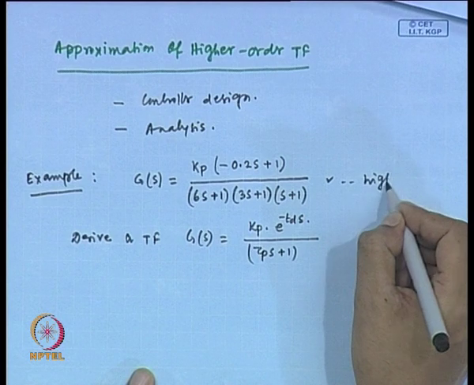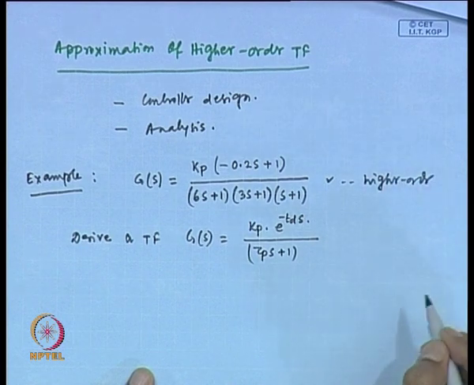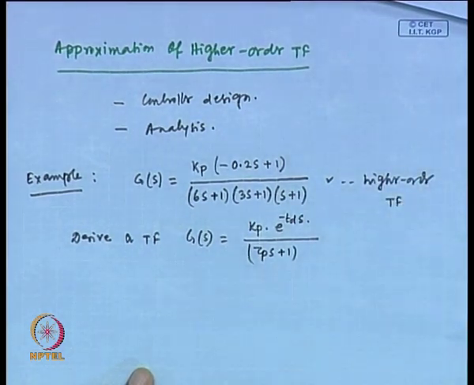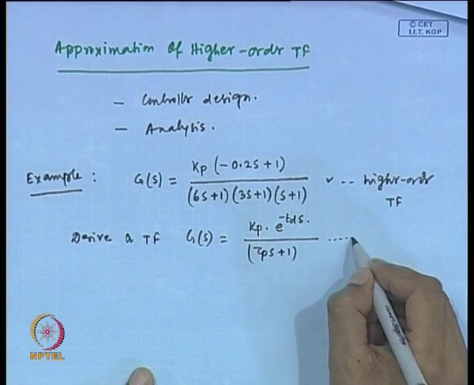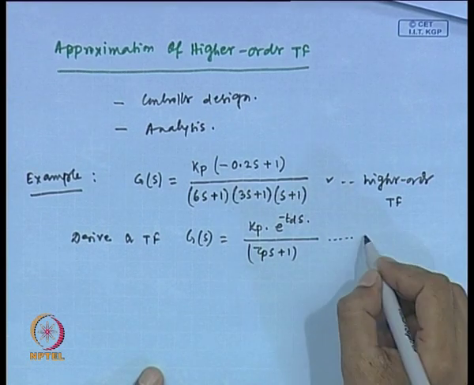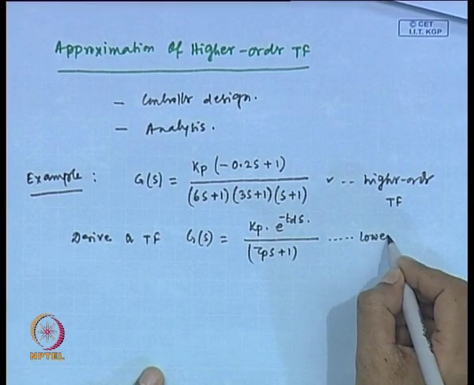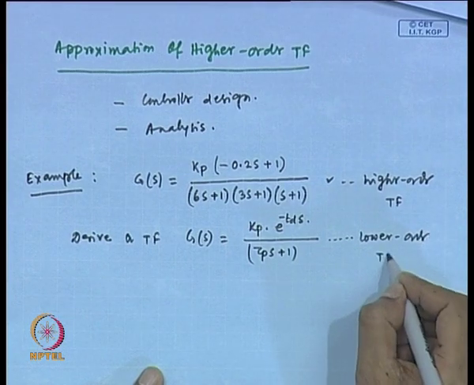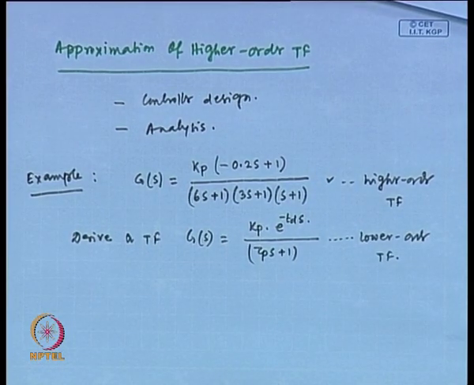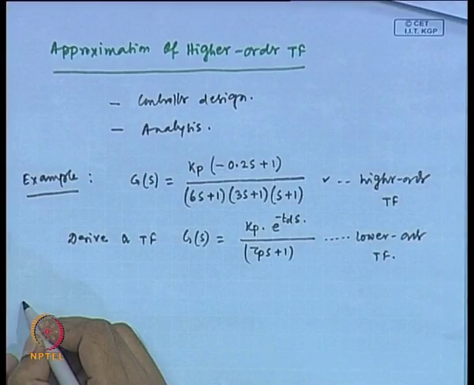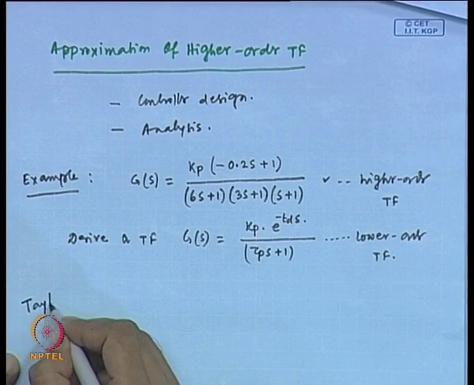So this is higher order transfer function, and our purpose is to transform this to lower order transfer function. Fine. Now this we can do by the use of Taylor method. So first we will use the Taylor method.